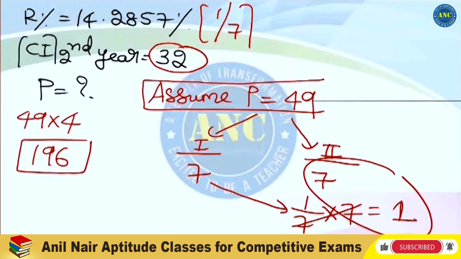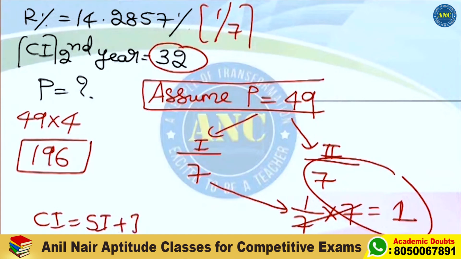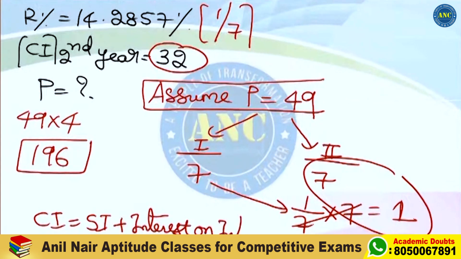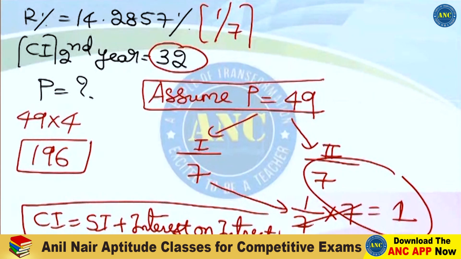First year SI is 7. Second year SI is 7. The only thing which you need to know is SI plus interest on interest. I hope the idea is clear.